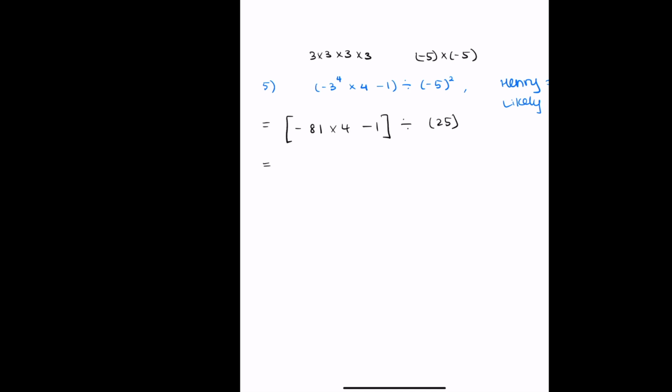And then negative 81 multiplied by 4 is equal to, I don't know what 81 times 4 is. I'll do that here. 324. So negative 324 minus 1 divided by 25. And then this becomes negative 325 all divided by 25, which is equal to negative 13.